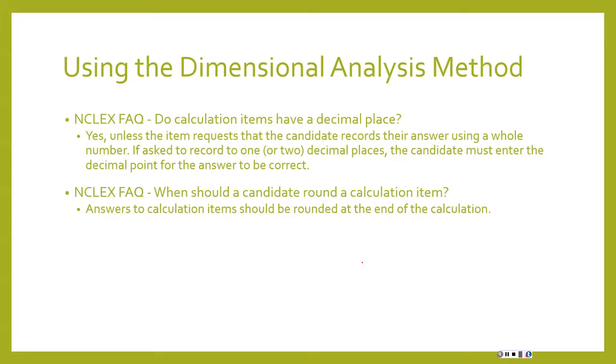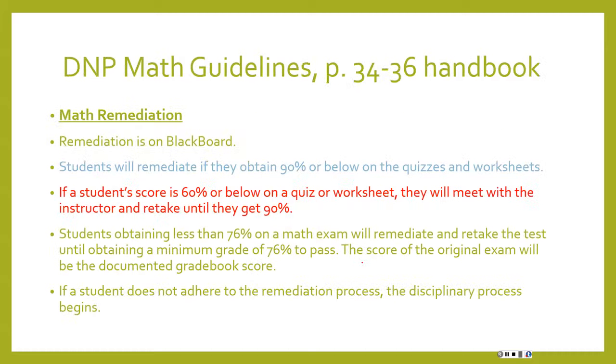You wouldn't just enter 28, because that would obviously change your answer. And the answers for NCLEX will also need to be rounded at the end of the calculation per their rounding guidelines. So they will give you instructions exactly like how I have set up with the math quizzes and the math exams. Each problem will tell you to round to the tenth place or that first decimal.